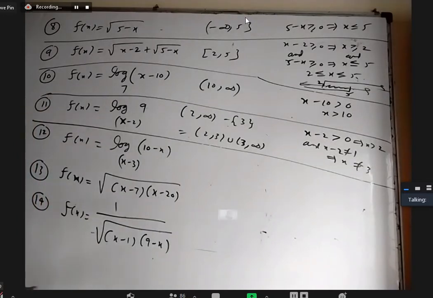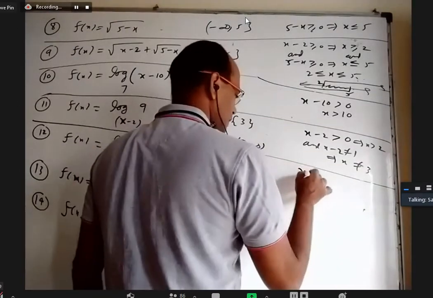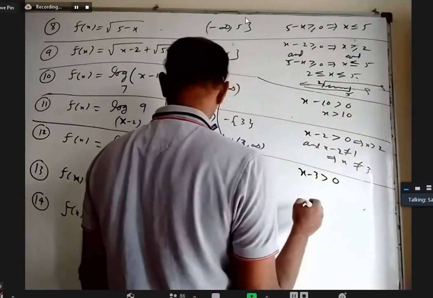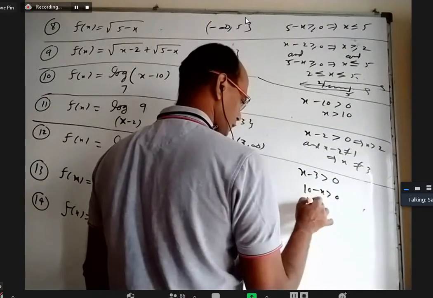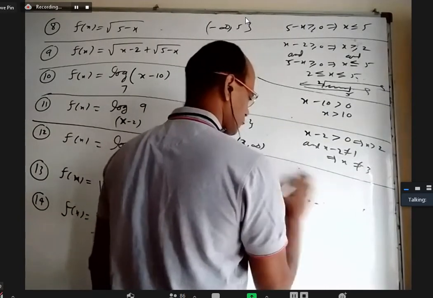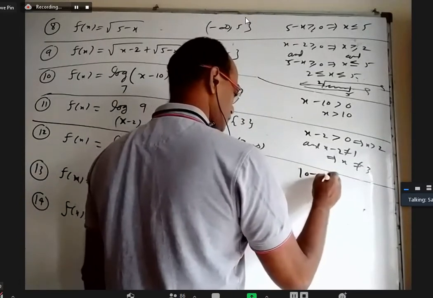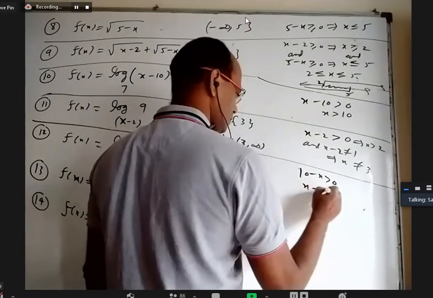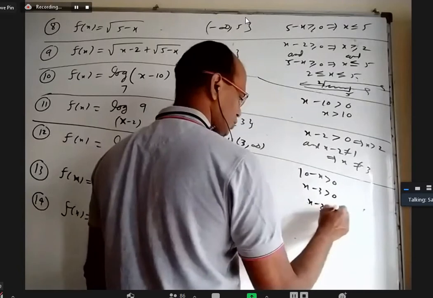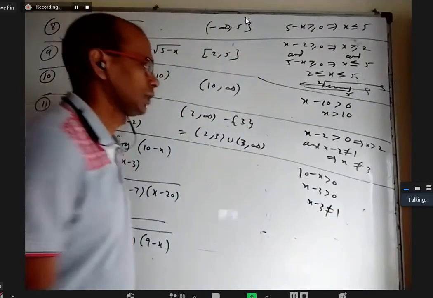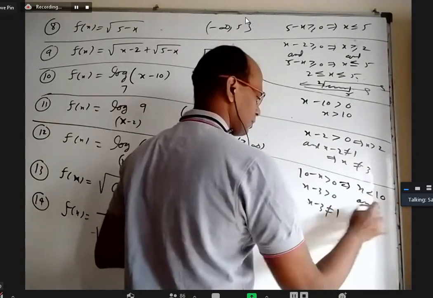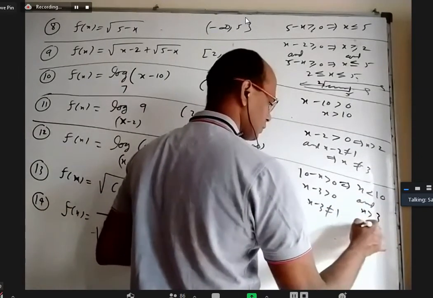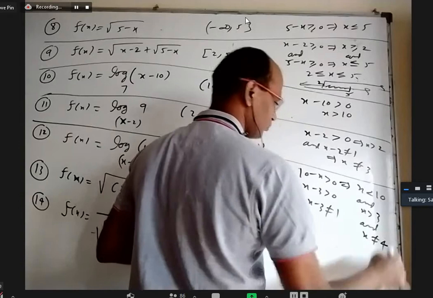Yeah. x minus 3 should be positive, 10 minus x should be positive, but x minus 3 should not be 1. That is x less than 10 and x greater than 3 and x should not be 4.